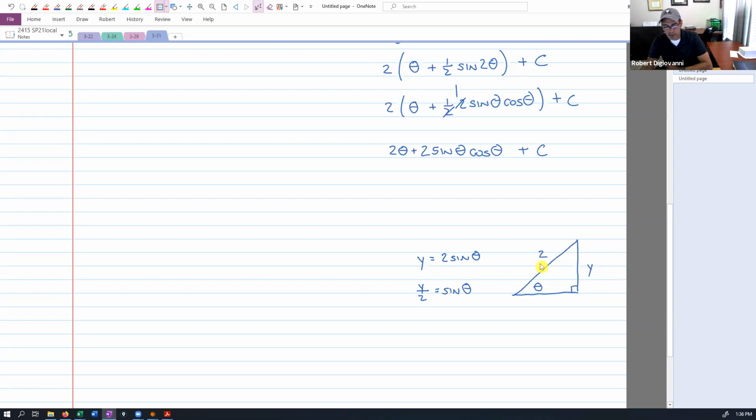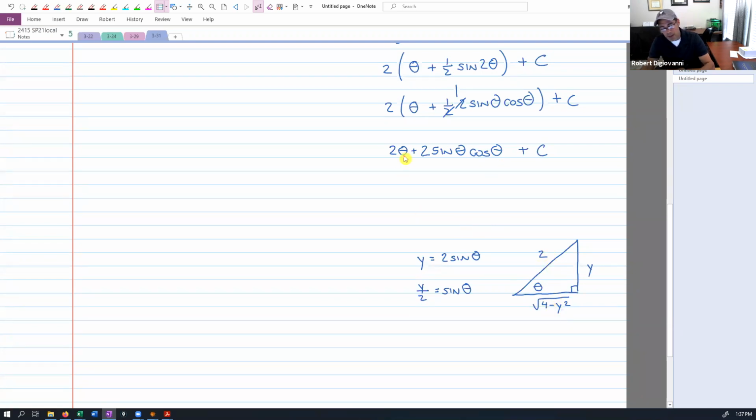I can solve for the other side using a squared plus b squared is c squared. I'm not going to show the work, but this becomes the square root of 4 minus y squared. The reason I do this is because I need to know what sine theta and cosine theta are. I know sine theta is y over 2, but I don't know what cosine theta is. But if I look at this triangle, cosine is the adjacent over the hypotenuse. So now I can do that.